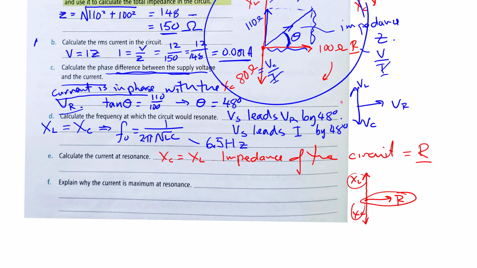So the impedance of the circuit is R, which was 100 ohm.